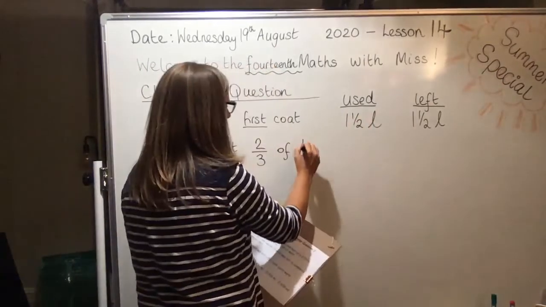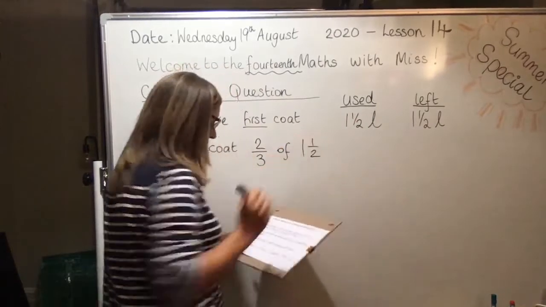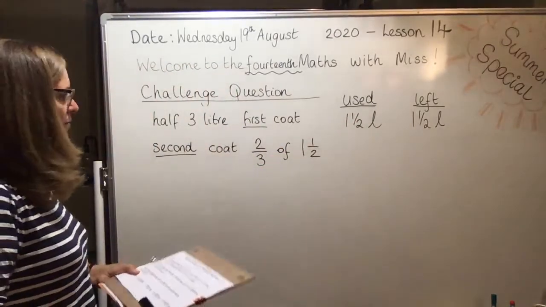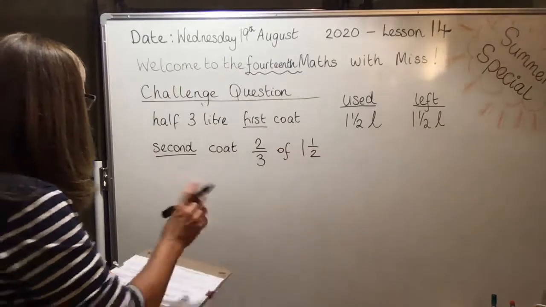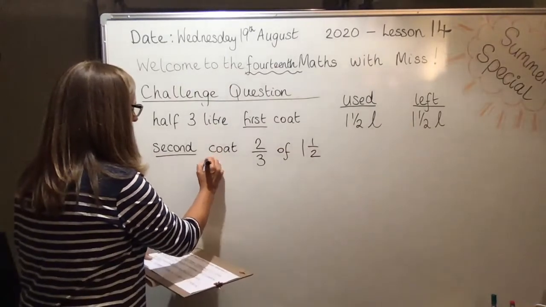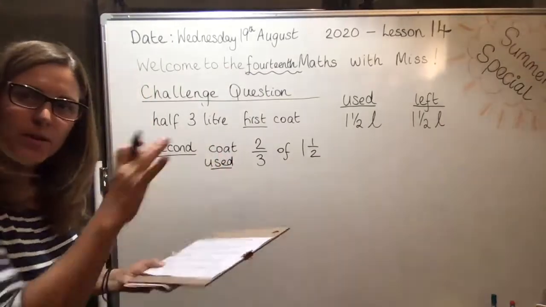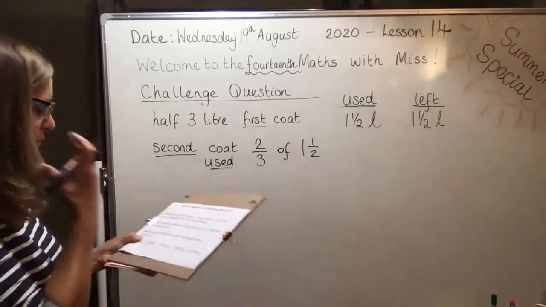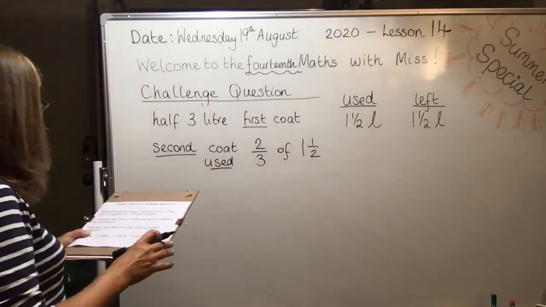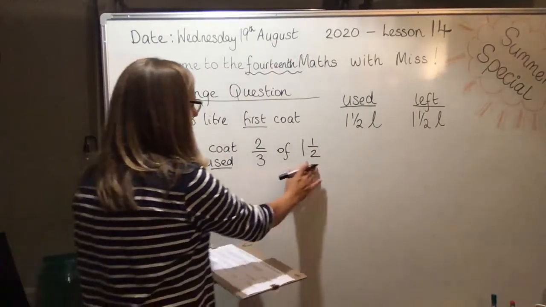What was left was 1.5 litres. So this is how much I used. Again, it's important to make sure we don't get our amount used and our amount left muddled up. So 2/3 of 1.5.